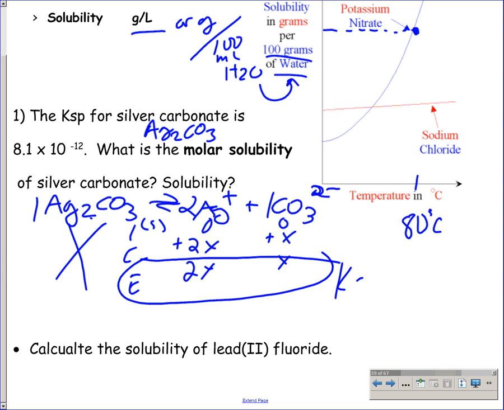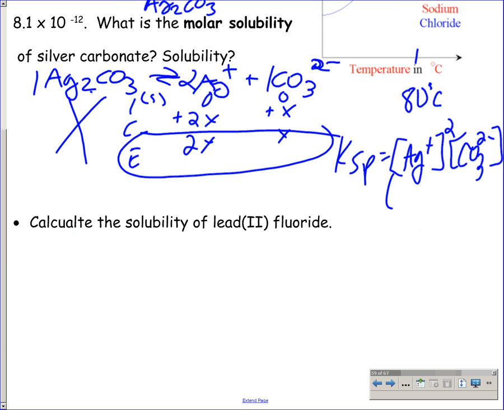So Ksp here is equal to, give me the expression with this stuff first. Concentration of silver squared and carbonate. Okay, and now let's plug in our information: 2x squared and then x to the first. Simplify this right here.